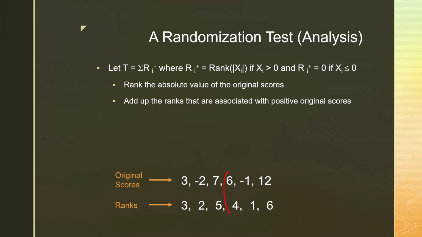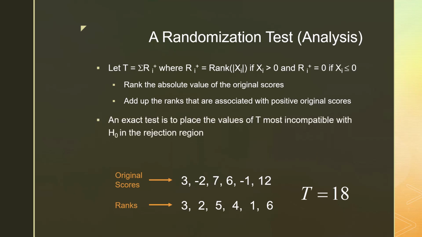Next is 6 with a rank of 4, 7 with a rank of 5, and finally the highest score, 12, has a rank of 6. I now will add up the ranks that are associated with positive original scores. So I'm going to add up the 3, the 5, the 4, and the 6 to give me a test statistic of 18.